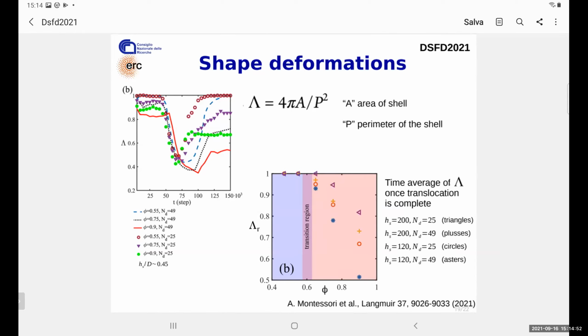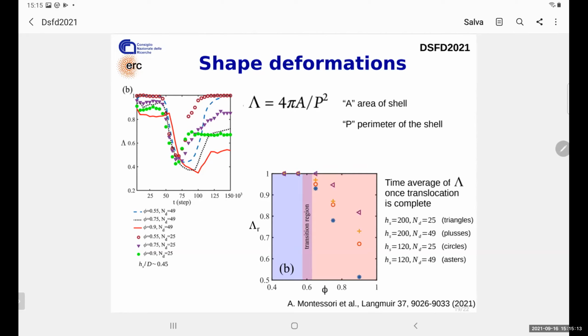If you look at the picture on the left, keeping the height of the constriction constant, this parameter correctly tracks the deformation. In the red plot, it is initially around 0.8, which is when you have the highest area fraction.